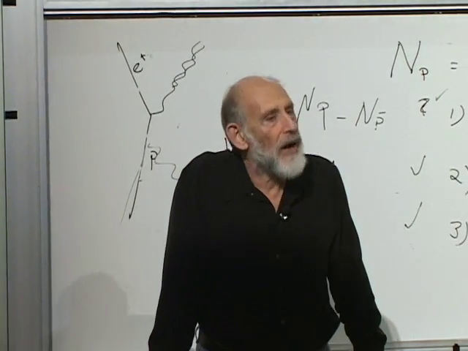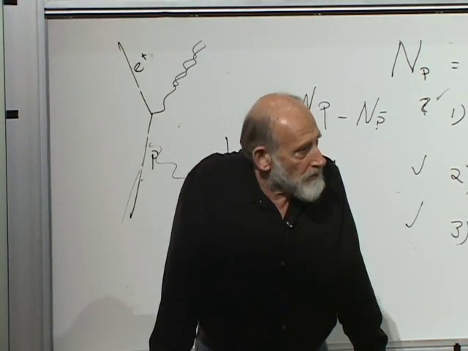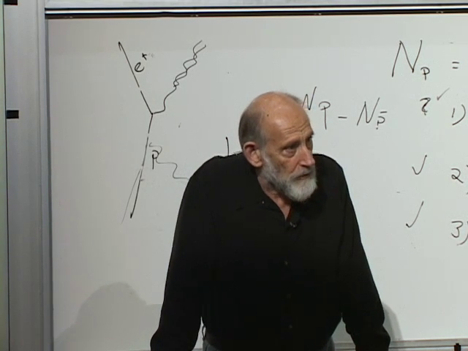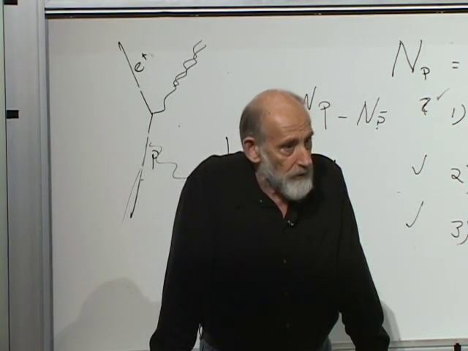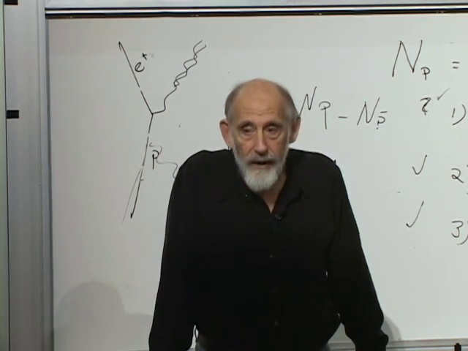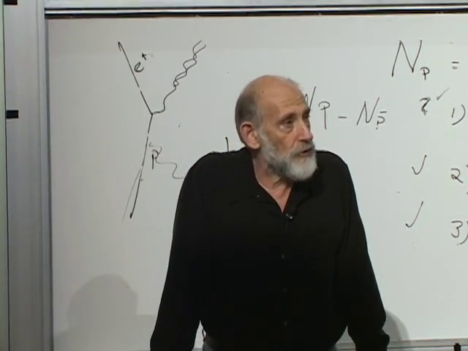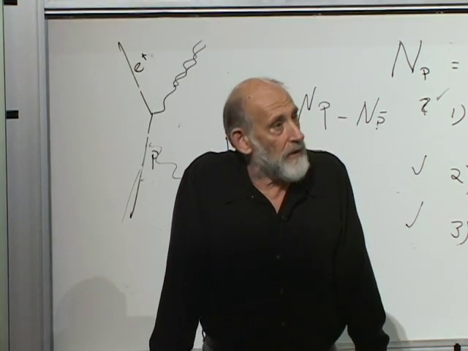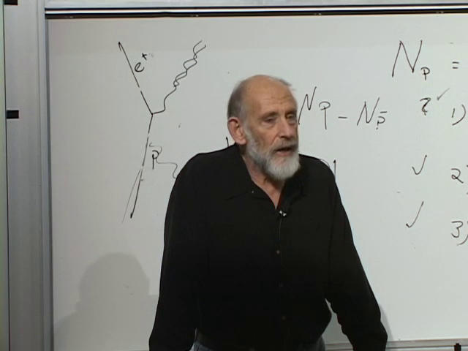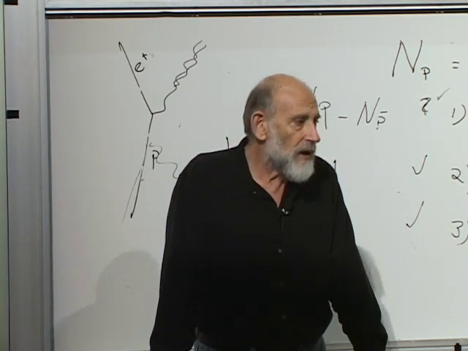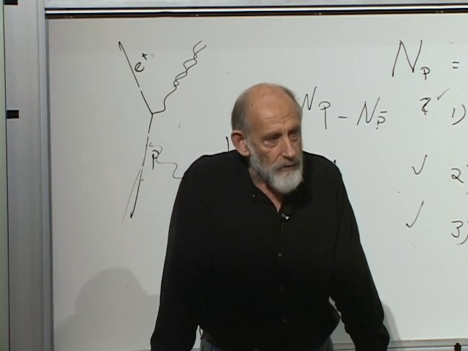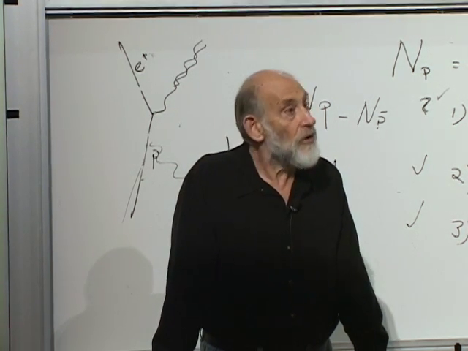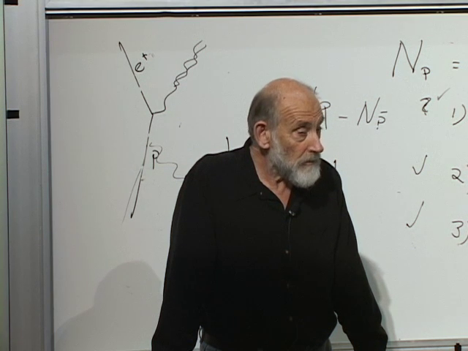In an adiabatic process, which means a slow process, entropy is conserved. Entropy doesn't change in an adiabatic process. Now, if you take a gas or a soup of elementary particles and you calculate the entropy, it is, within a factor of 2 or pi or some numerical number, the number of particles.